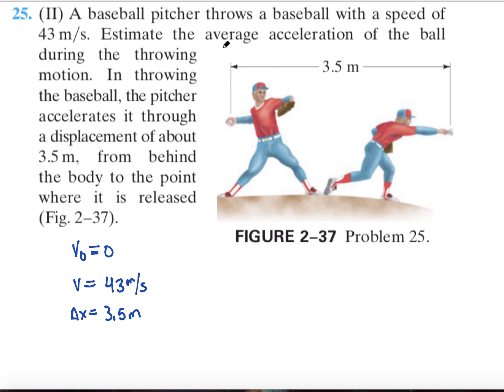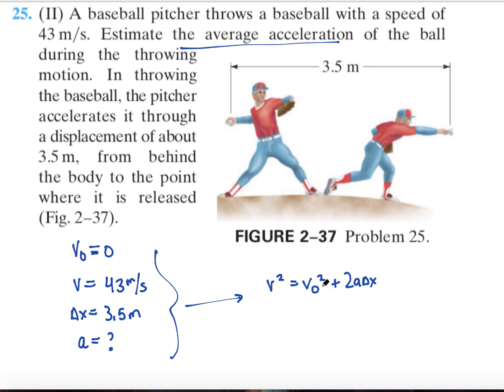So I want to estimate the average acceleration of the ball. So I'm looking for acceleration in this case. So I have v naught, v, delta x, and a. Here, I definitely want to use the equation v squared equals v naught squared plus 2a delta x, because that includes all of these different variables that I pulled out of the problem.